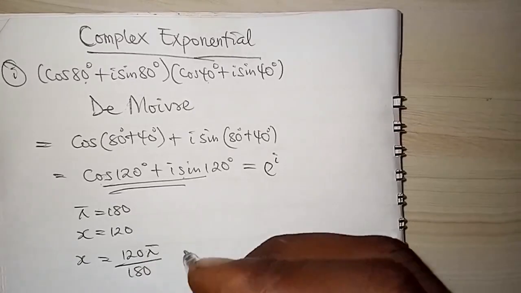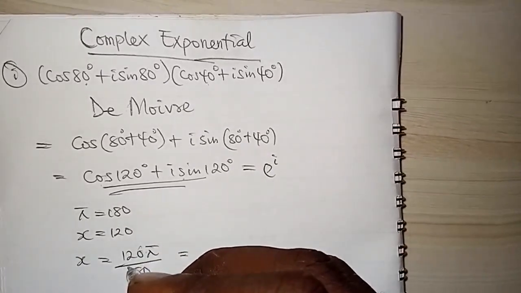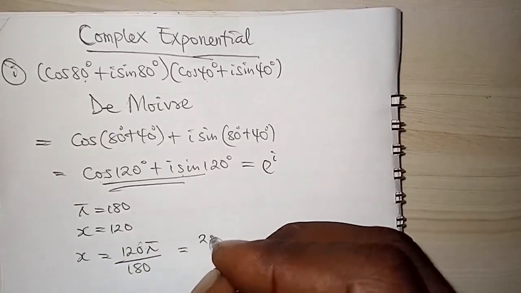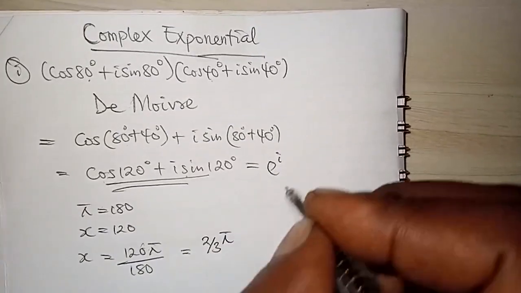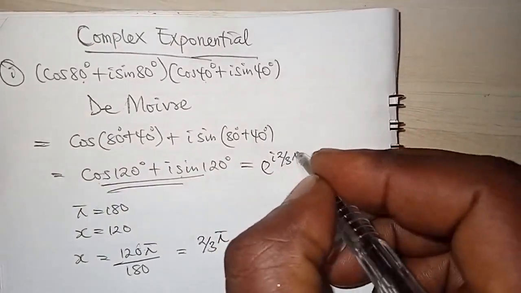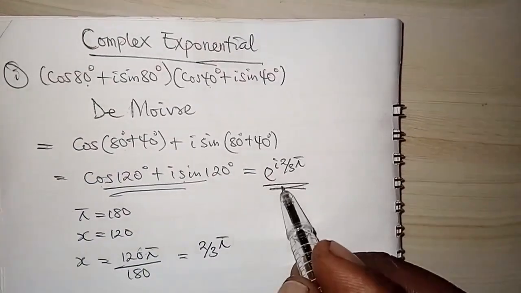When we resolve that, 60 into 120 gives 2, and 60 into 180 gives 3. So we'll have 2 over 3 pi. Here our answer will be e to the i 2 over 3 pi. We've written it as a complex exponential.